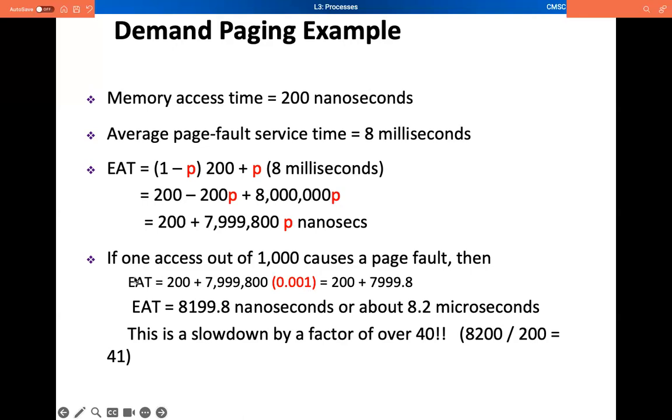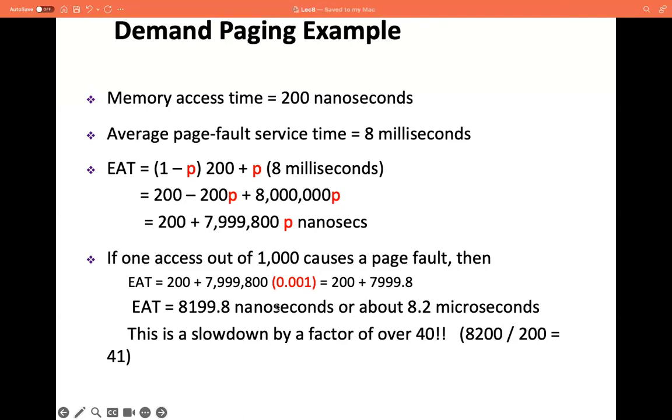So the effective access time, which is equal to 200 plus around 7 million P, we simply substitute P equals 0.001 here. And we will have 200 plus 7,999.8, and it is equivalent to 8,199.8 nanoseconds, or about 8.2 microseconds.